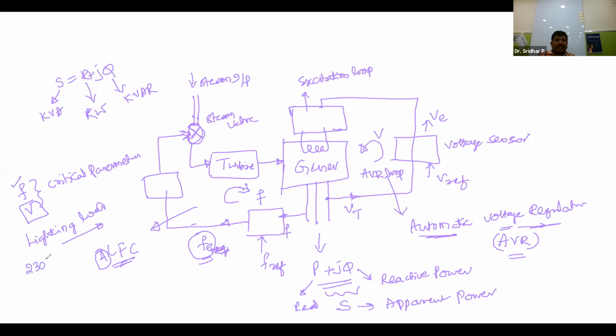As per our requirement, what should be the low voltage supply to our home appliances? 230 volts plus or minus 6% deviation. If the voltage is within this range, then nothing will happen to our electrical appliances with respect to voltage value. I'm not talking about the frequency.